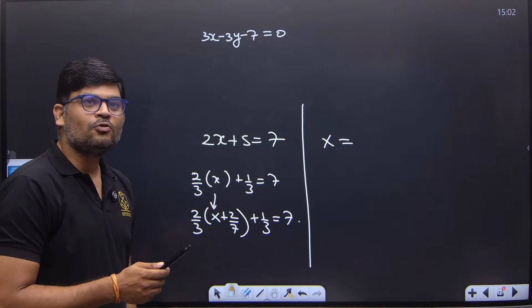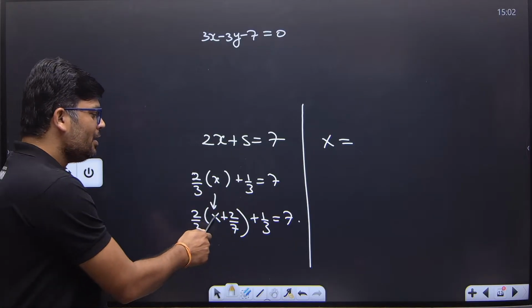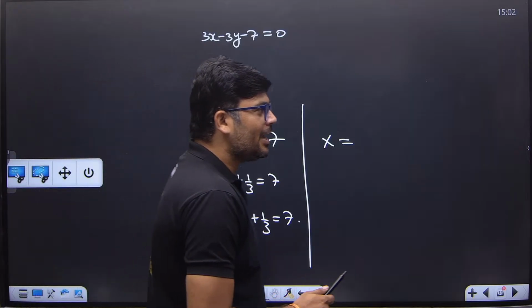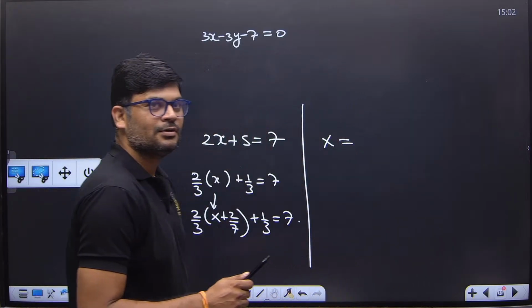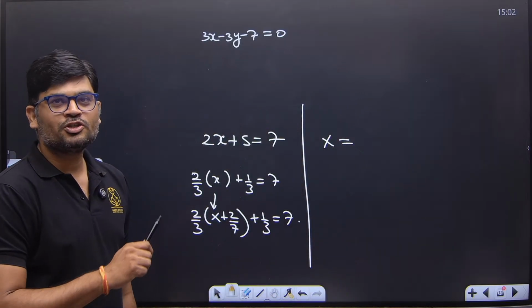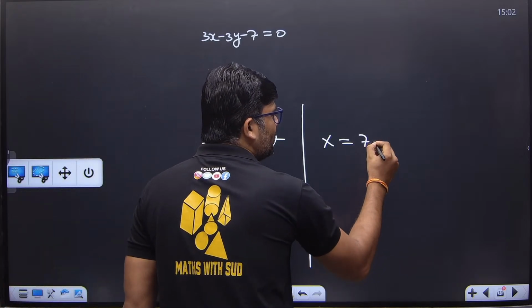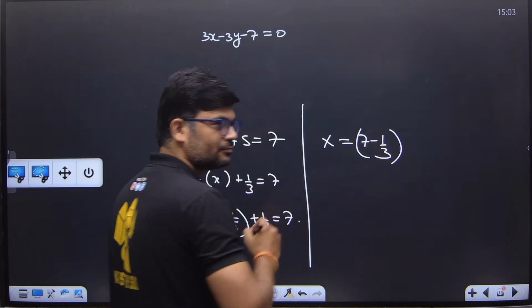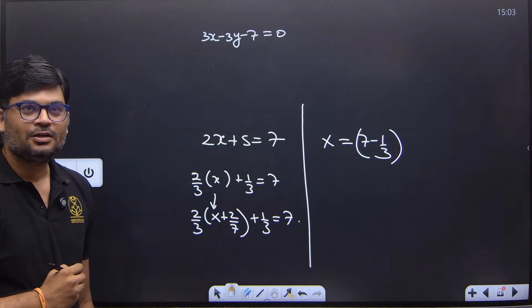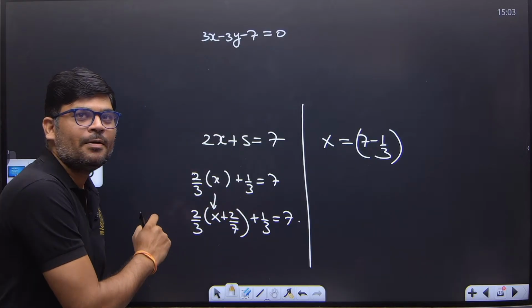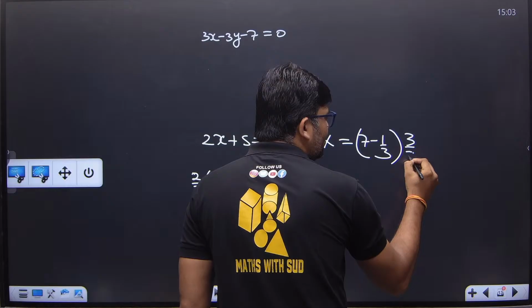So now you have to reverse the process. Suppose you are here, you are going like this, again I am asking you to come back. So you will do the reverse process of everything. You said 1 by 3 added, so you will subtract 1 by 3. Then you said 2/3 of a number, so let it be 3/2.